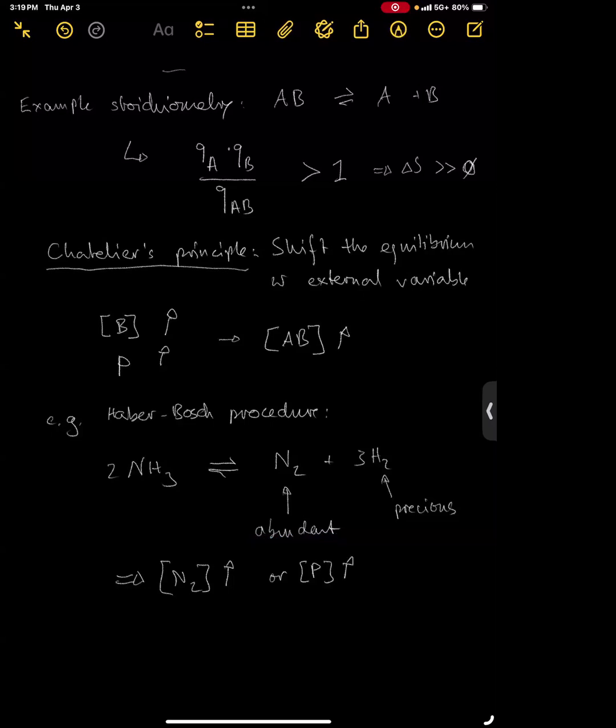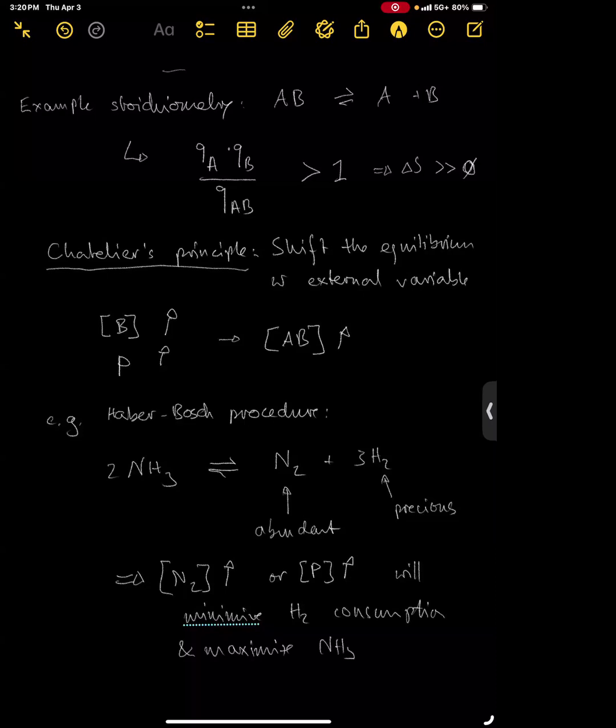And so that will consume then each and every little mole of H2. So doing this will minimize H2 consumption and maximize NH3 yield.